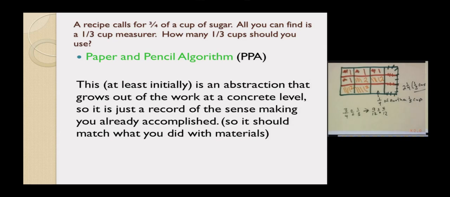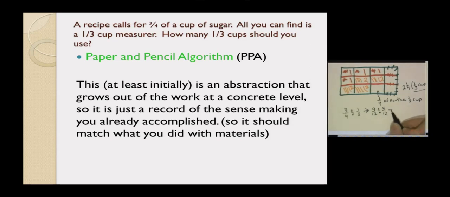So notice this problem has become 9/12 divided by 4/12. That's like asking how many groups of 4/12 I can get out of 9/12. And that's like asking how many groups of 4 apples can I make out of 9 apples. Notice that the 12 is kind of irrelevant to the operation you're trying to perform here. You really wanted to know how many groups of 4 I can make out of 9.